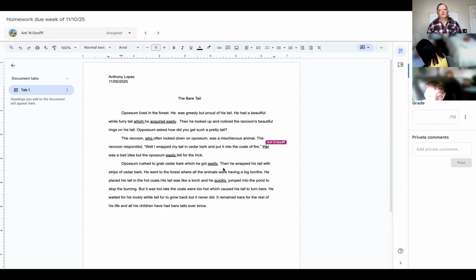And then you have to figure out one more sentence. And I'm thinking because of the outline that we worked on today, he kind of went into more detail. He didn't just say wrap it and put it in coals of fire.